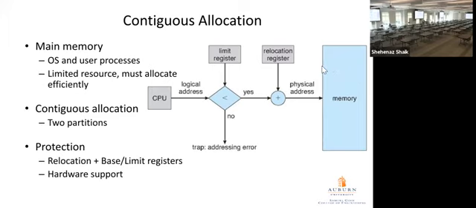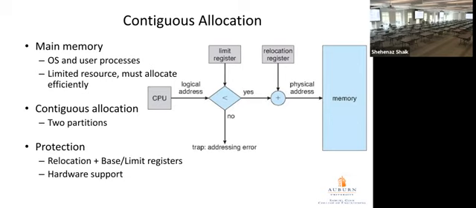So to be sure, one end of the physical memory is allocated to the operating system, and the other end is allocated to the processes. And of this entire space available, each active process in the system is loaded into some part of the physical memory.